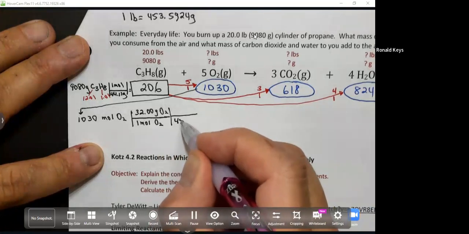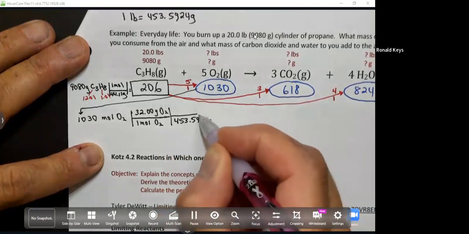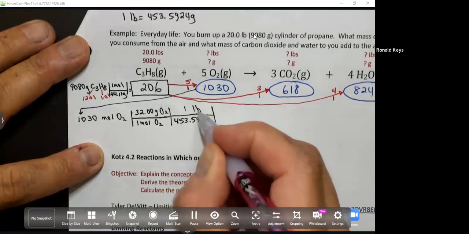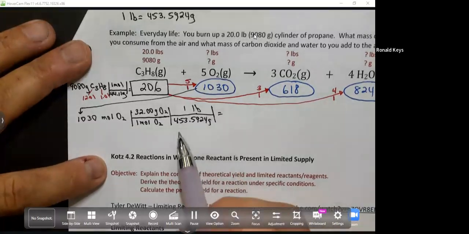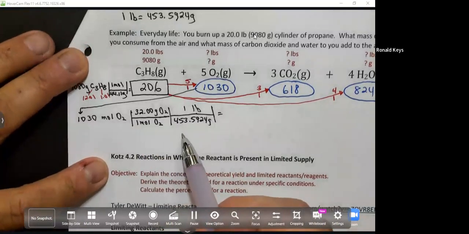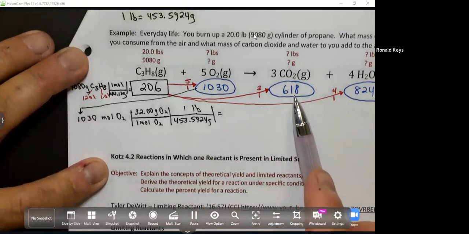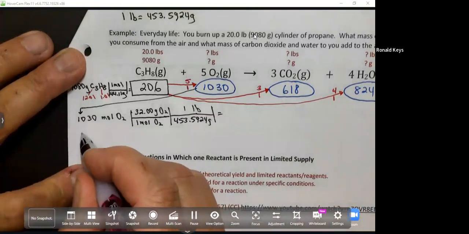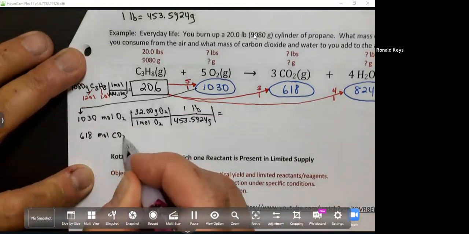453.5924 grams in 1 pound. And let's grab our calculator last. Let's do the next one. Let's take our CO2 and do it right here. We've got 618 mole of CO2.